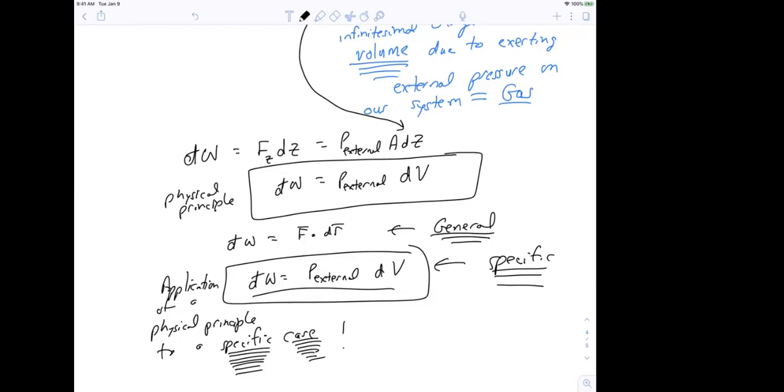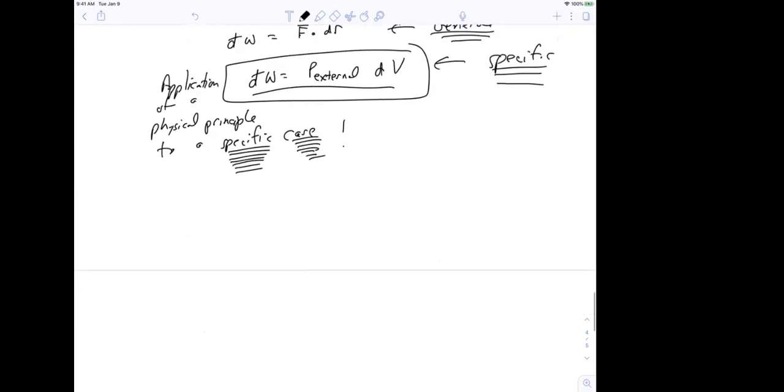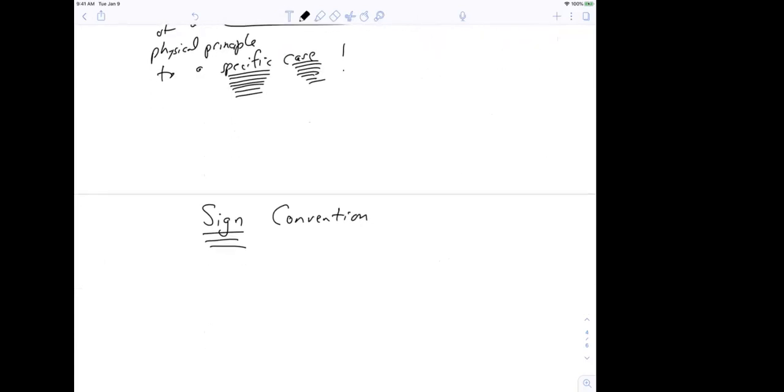Okay, great. We have a sign convention. And by sign, I mean S-I-G-N, not the sine and cosine type of sign, but the sign. And we need to have this because it's important in terms of getting very specific quantities. So our sign convention is such that positive work is equal to work done on the system.